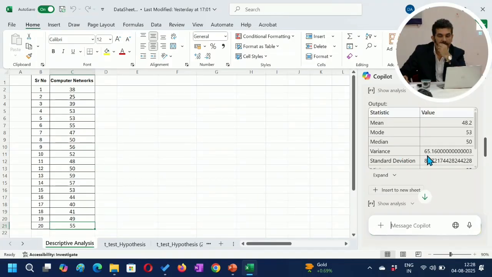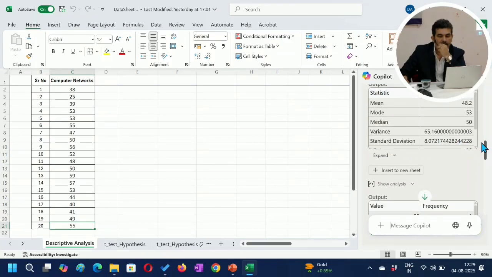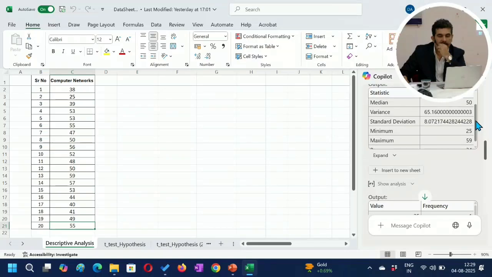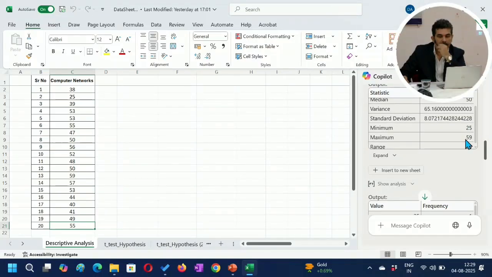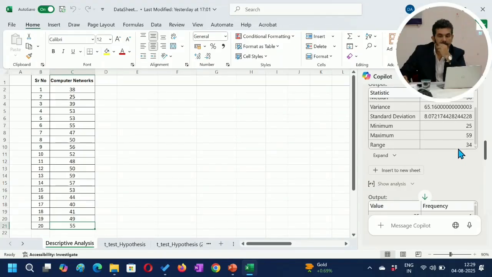Variance is 65.16, that is the square of deviation values. Standard deviation is 8.02. Minimum value is 25, maximum value is 59, and range is 34. That means the minimum is 25, the highest value is 59, and 59 minus 25, 34, is the range of values.